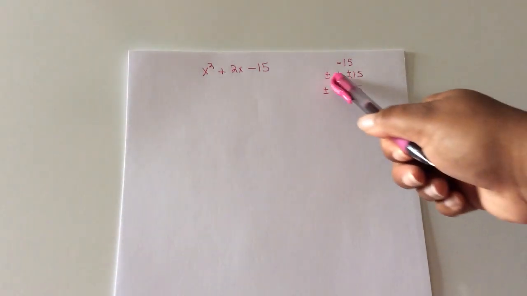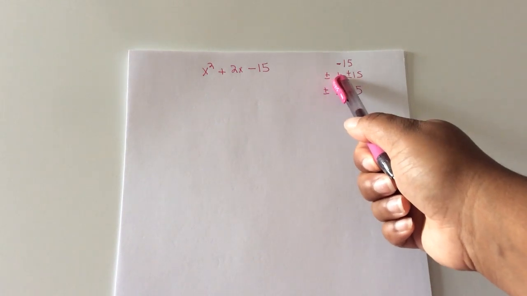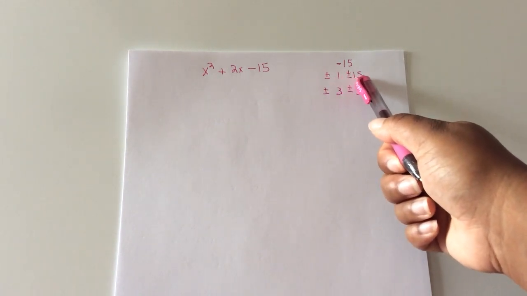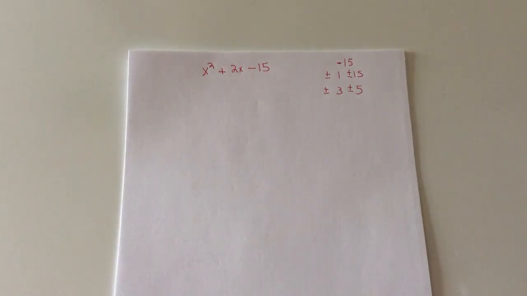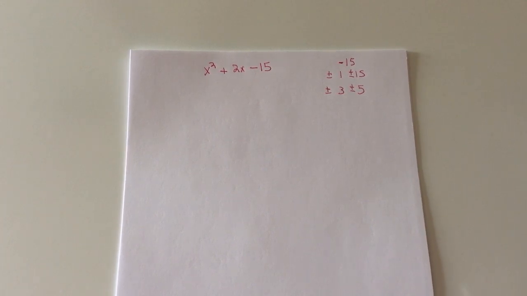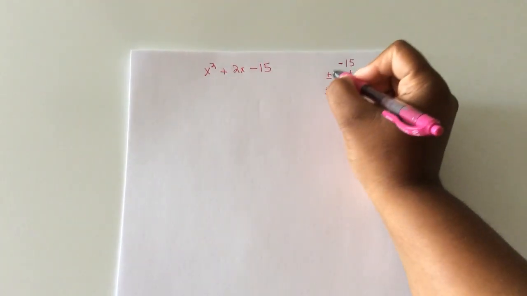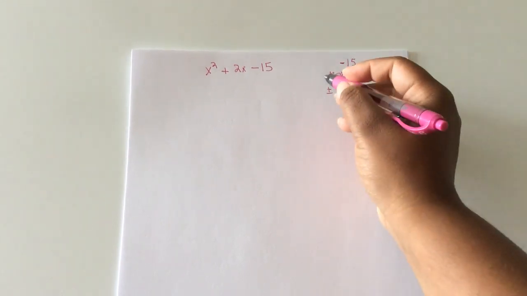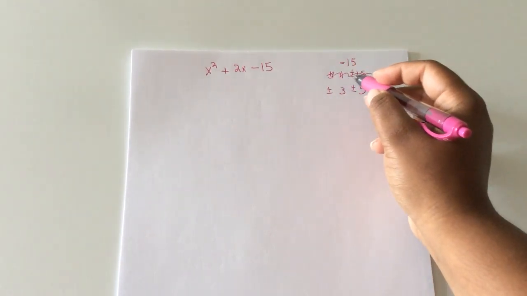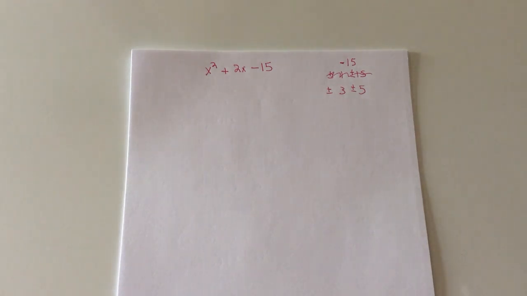If we look at the first one, let's say positive 1 times negative 15. Positive 1 times negative 15 gives us negative 15, but positive 1 plus negative 15 gives us negative 14. That's too far off, so it's not going to work. Even positive 1 or negative 1 and positive 15 won't work.